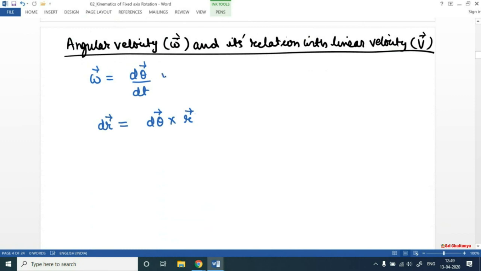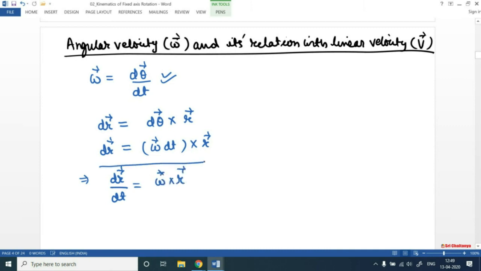So according to this definition, d theta can be very well written as omega times dt, and that crossed with r. So dr is equal to this. Rearranging this equation, we will get dr by dt is equal to omega cross r. Or you can say v is equal to omega cross r.